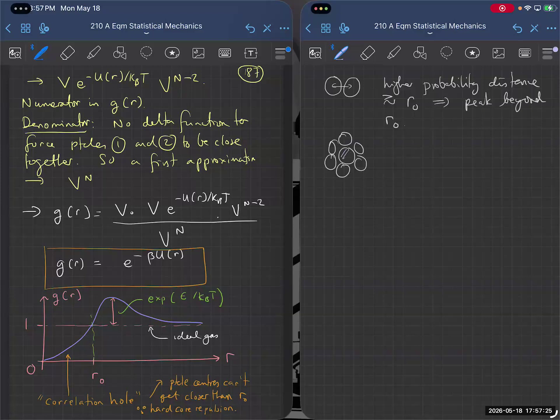So there's going to be exclusion in here, and then there's going to be excess probability in this first shell around our test particle.